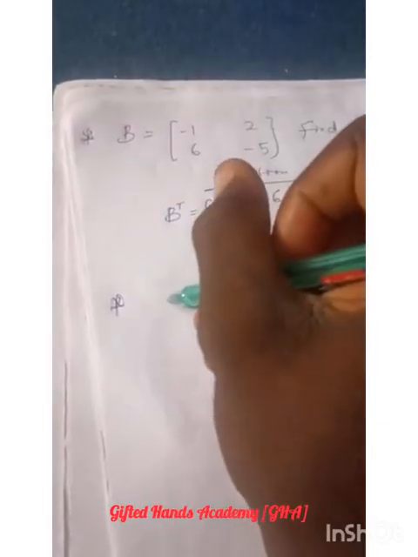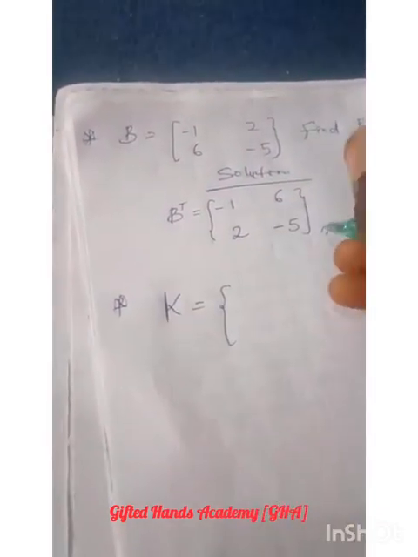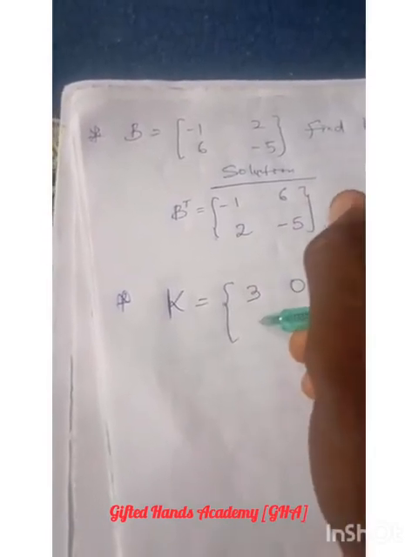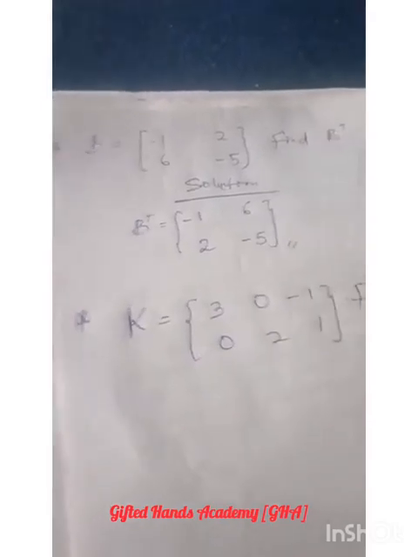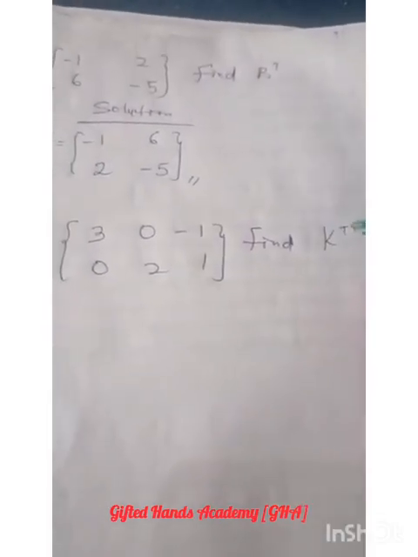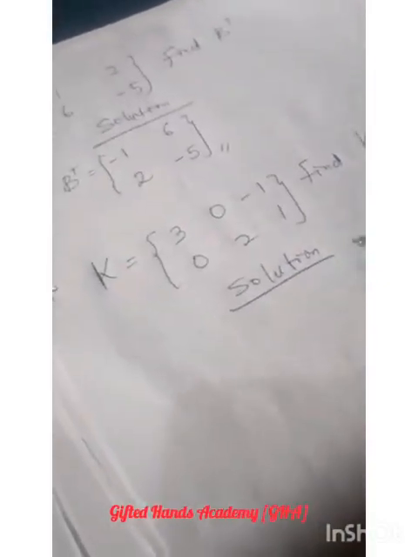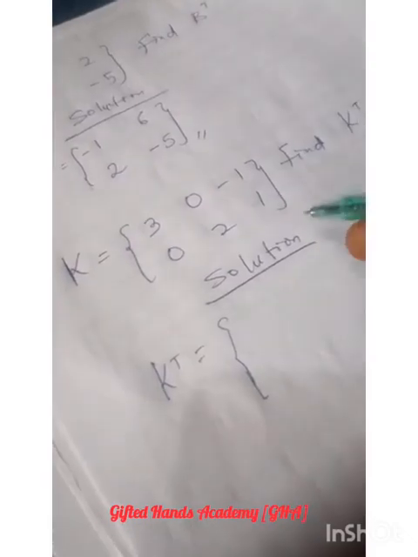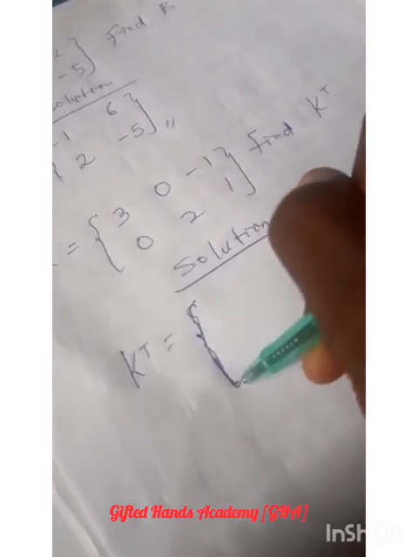So let's take another example. Let's say I have matrix K equals to [3 0 -1; 0 2 1]. Find K transpose. Solution. So my K transpose is equal to, it's supposed to be an inverted bracket.